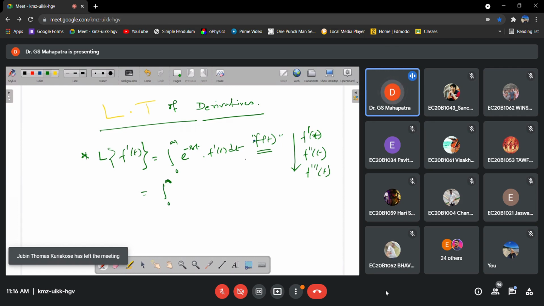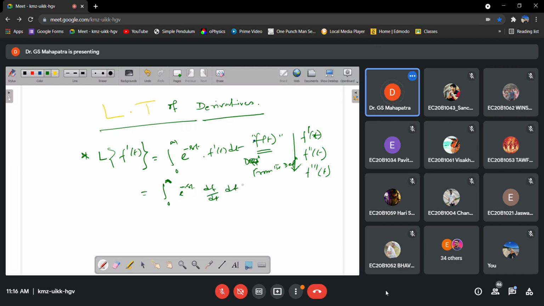So from the definition we get e to the power minus st, df by dt into dt. Now e to the power minus st is one function, and df by dt is another function.